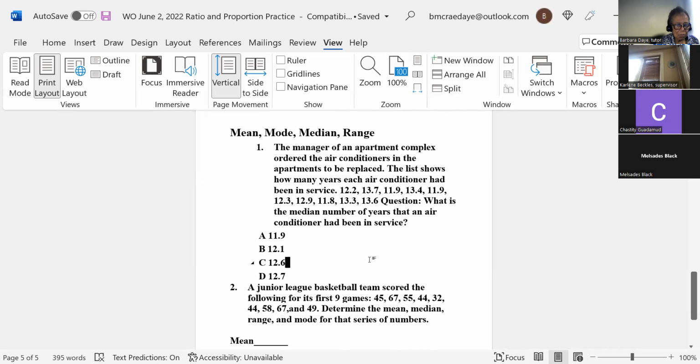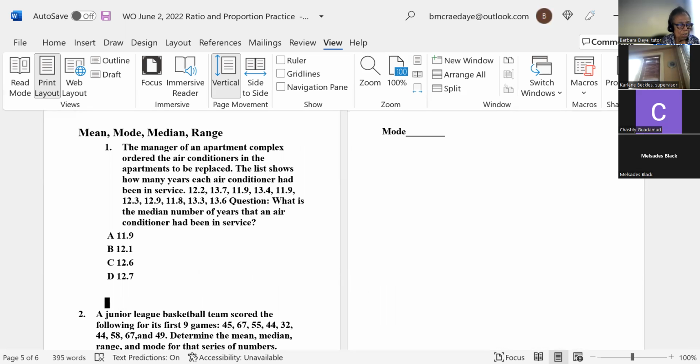The list shows how many years each air conditioner had been in service: 12.2, 13.7, 11.9, 13.4, 11.9, 12.3, 12.9, 11.8, 13.3, 13.6. Question: what is the median number of years that an air conditioner had been in service?